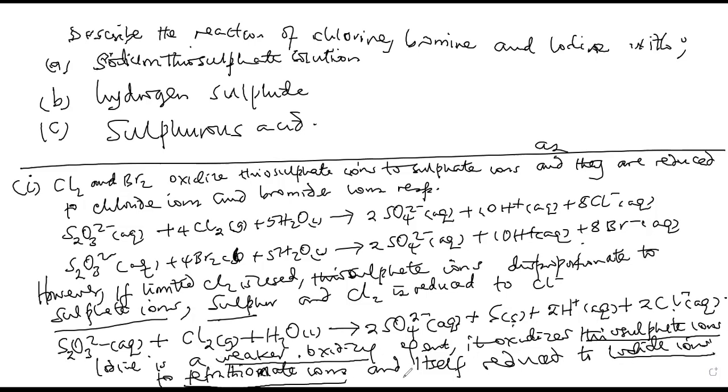The equation would be I2 plus 2 S2O3 2 minus to form tetrathionate, S4O6 2 minus, and then iodide.